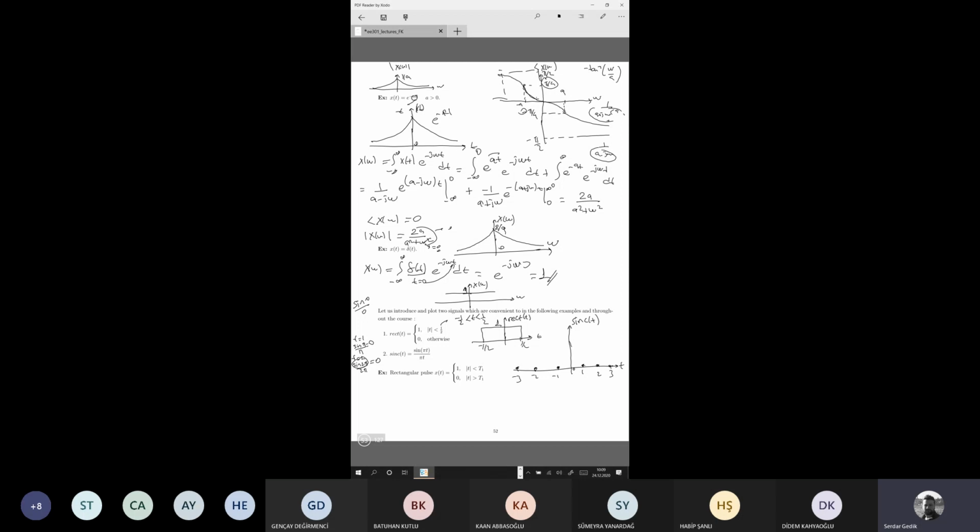If you apply L'Hopital's rule, you have pi cosine(pi t) over pi, so those cancel out. At t equals 0, I have cosine 0, which is equal to 1. So a sinc signal has a maximum value of 1 at 0, and it is 0 at other integer values.